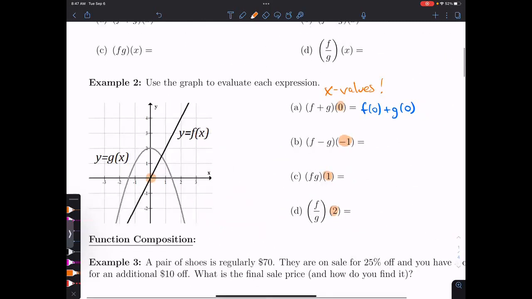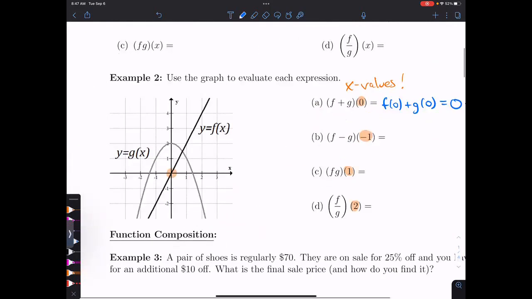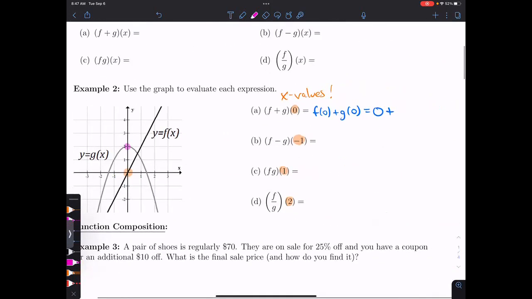So 0. And g of 0? 2. When x is 0, g is 2, right? The y value that it goes with is a 2. So 0 plus 2 would be 2.